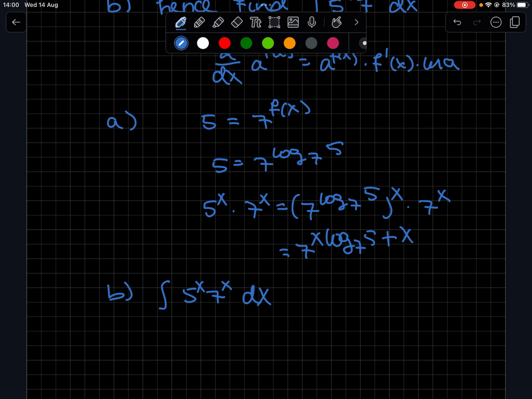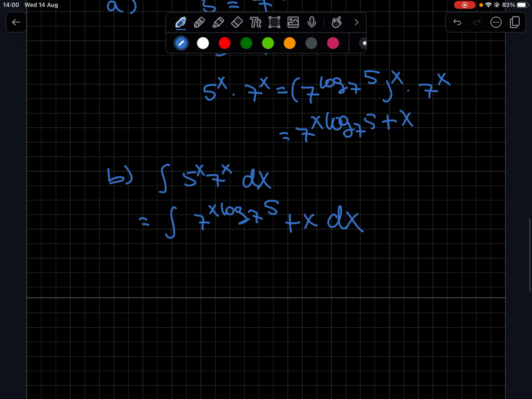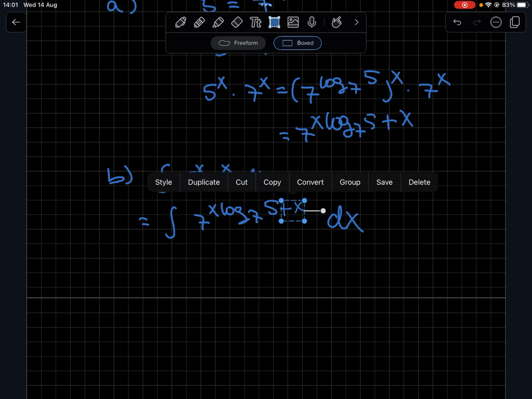So let's do that. We can substitute 5 to the power of x times 7 to the power of x by the integral of 7 to the power of x log base 7 of 5 plus x dx. Okay? Sorry, this plus x should be a part of the exponent.